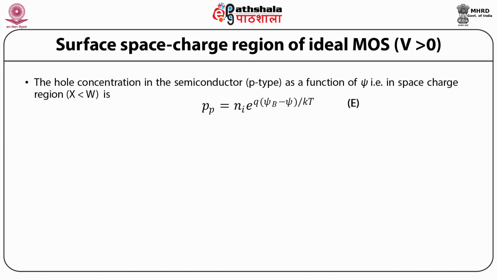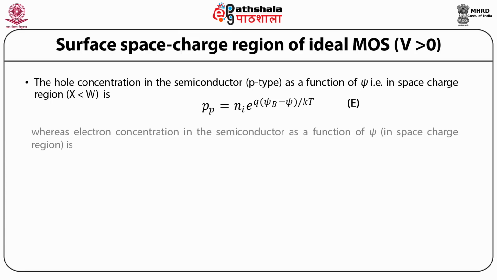Here psi can be replaced by psi p for a p-type semiconductor, whereas the electron concentration in the semiconductor as a function of psi p, that is in the space charge region, is Np equal to Ni exponential of q (psi p minus psi Bp) by kT. Here psi p is greater than 0 where the band bends downwards.